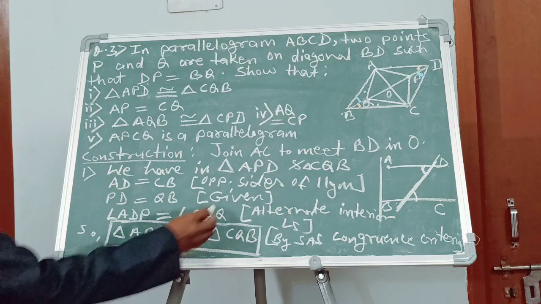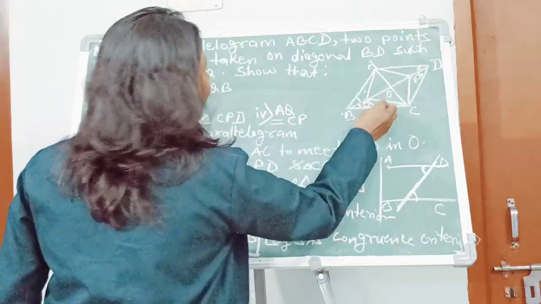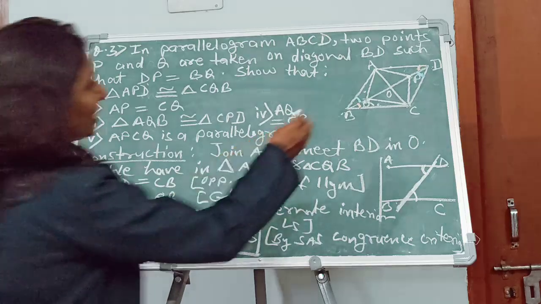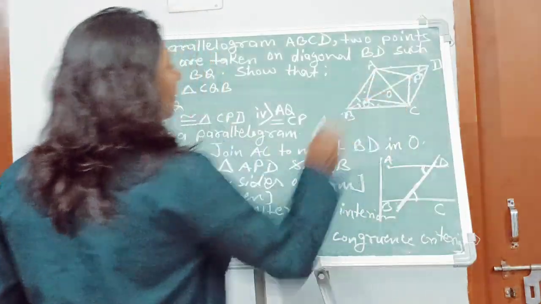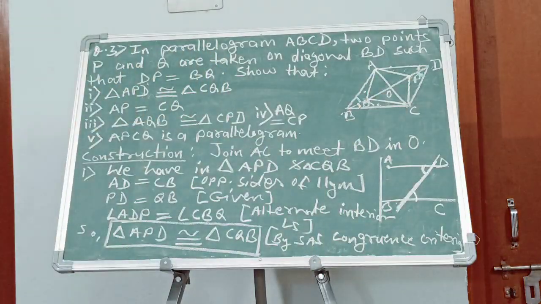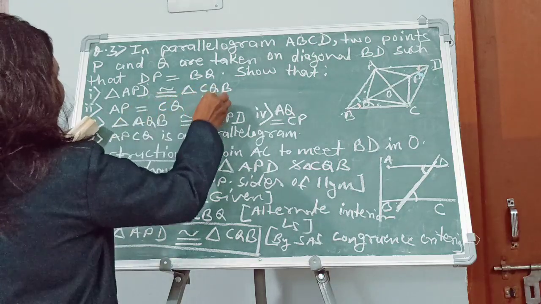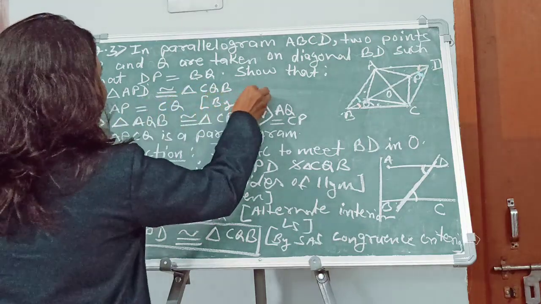Now if this triangle and this triangle are congruent, then by CPCT, corresponding parts of congruent triangles, we can say that AP is equal to CQ, right? So the second is also proved by CPCT.